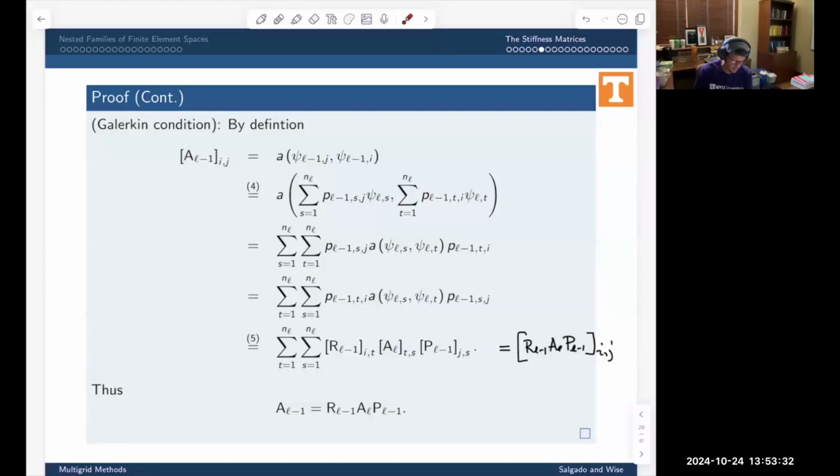Let's see. Let's go back to those definitions in 4. So first we have psi L minus 1J and L minus 1I. We're going to use the summation indices variously as S and T. All right, so we want to know, are these coefficient orders correct?